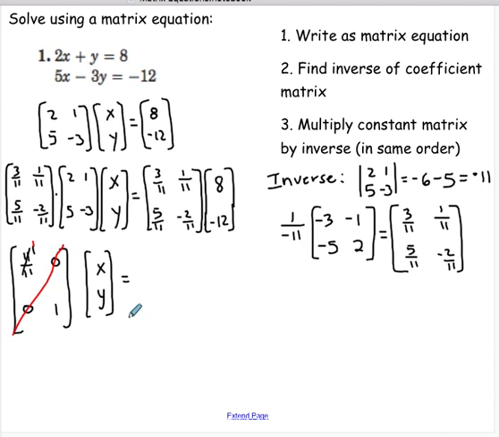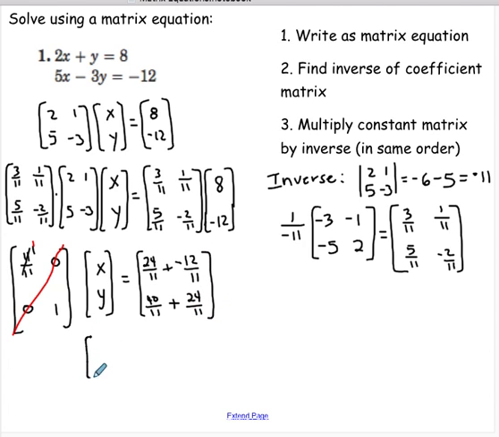That's canceled out. So now I've got just the variable matrix is equal to whatever my solution is going to be on this right-hand side. So 3/11ths times 8 is 24/11ths plus, that's a negative 12/11ths. And my second row, first column, is 40/11ths plus 24/11ths.